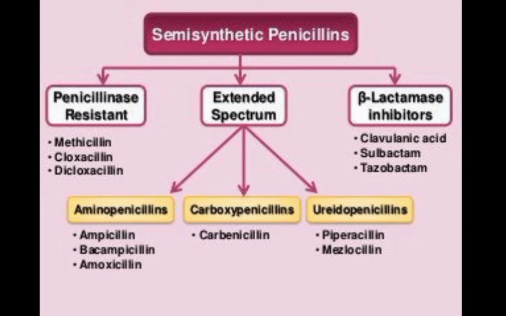Among penicillinase resistant, we have methicillin, cloxacillin, and dicloxacillin. Extended spectrum are further divided into three depending on the chemical component: aminopenicillins, carboxypenicillins, and ureidopenicillins. Among the aminopenicillins, there is ampicillin, amoxicillin, and others. Among the carboxypenicillins, we have carbenicillin, and among the ureidopenicillins, we have piperacillin and mezlocillin.